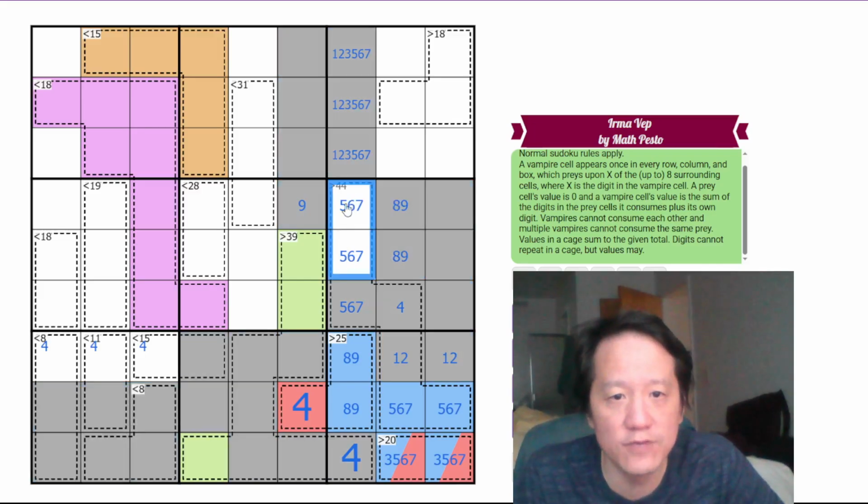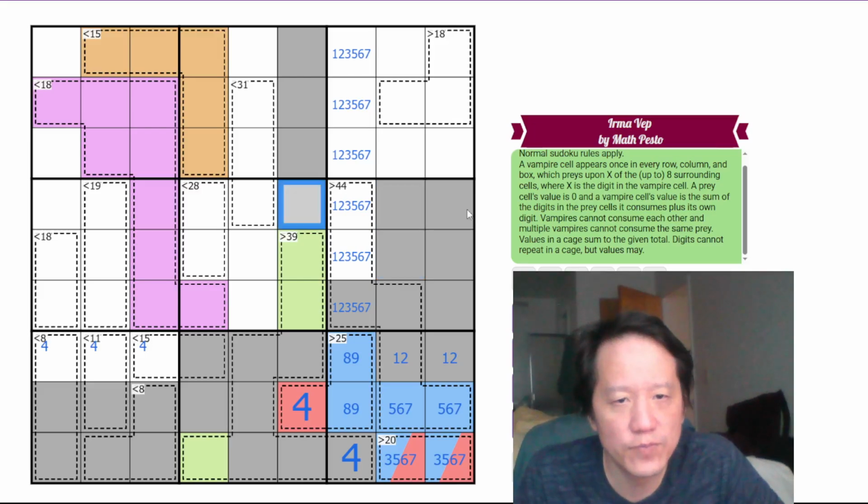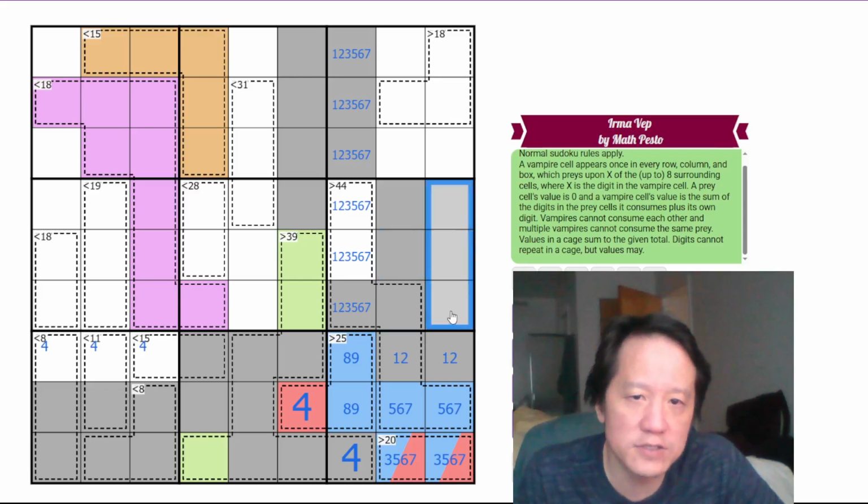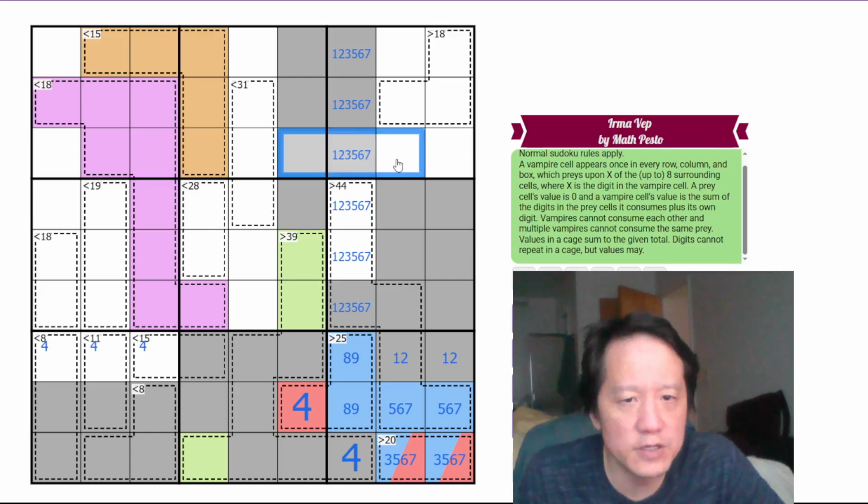So any of these 2 can be essentially a preyed upon cell. So these 2 can be, none of these could be. Then this digit has to be one of these 3 digits here, because it cannot repeat in the same cage. These could be prey cells.